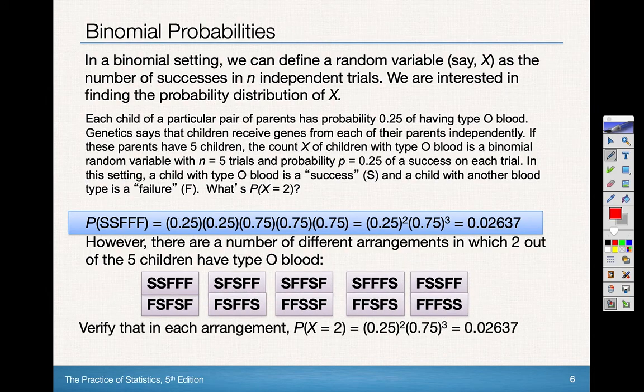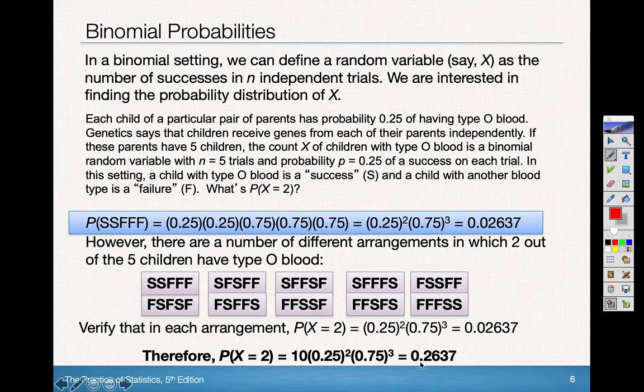There are 5 choose 2 ways of ordering 2 successes and 3 failures. Look, I've written them out. 5 choose 2 is 10. So what do we need to add? We need to add the 10 ways that this could happen, 2 successes, 3 failures, to get all the proper arrangements.